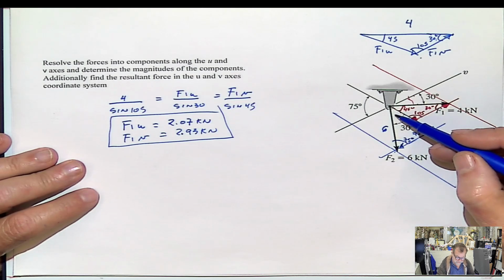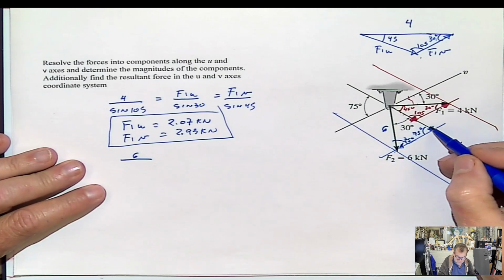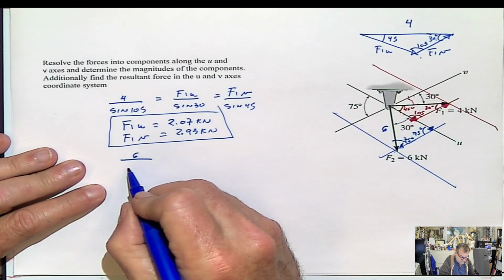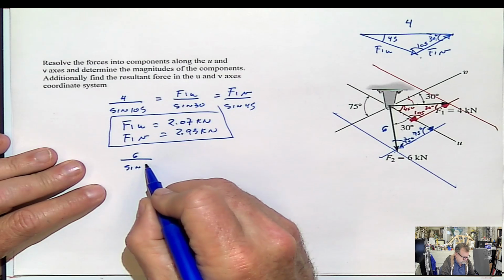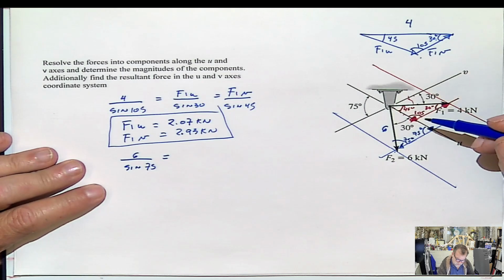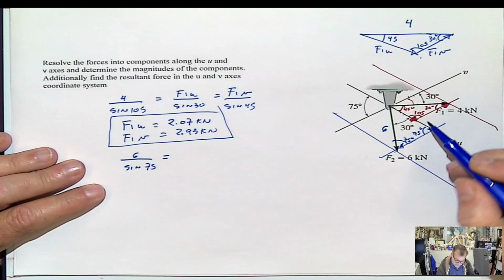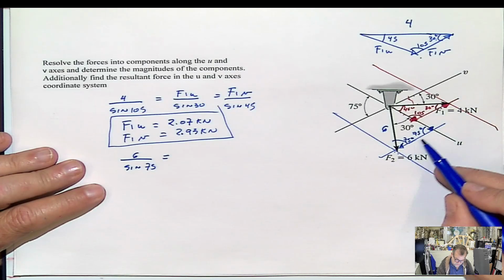So I can say 6 divided by sine of 75 has to be equal to this divided by this has to be equal to this one. What is this one?